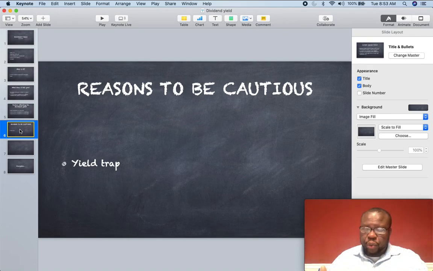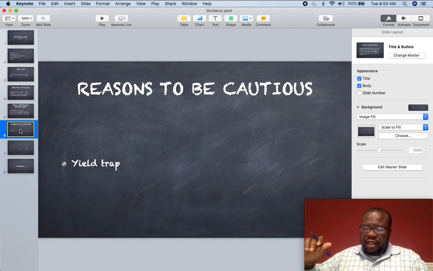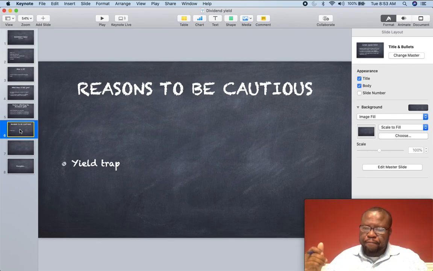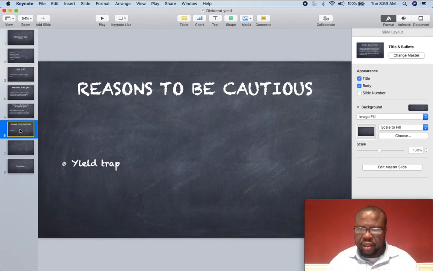One is a lower share price: when the share price is dropping and the dividend remains constant, the dividend yield is going to go up. The other is to increase the annual dividend payout and keep the share price the same. The yield trap is when you see an extremely high dividend yield.